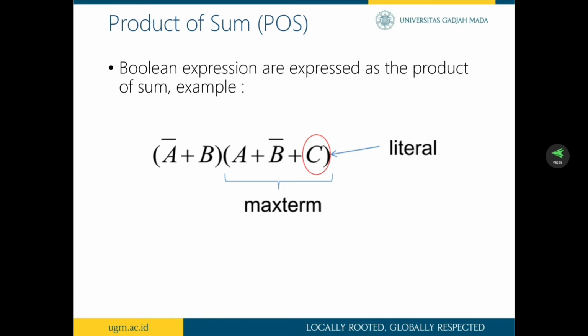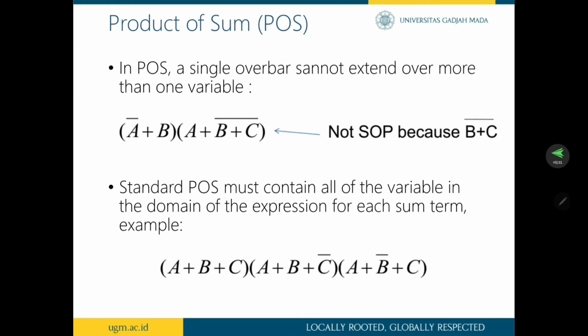For product of sum, this is the max term and this is the literal. And in POS, a single over bar cannot extend over more than one variable. So this is not POS, because the bar over B OR C extends over more than one variable.